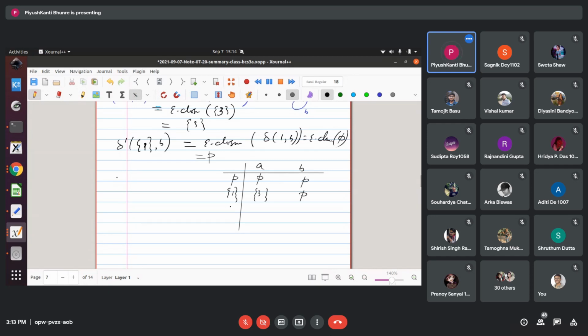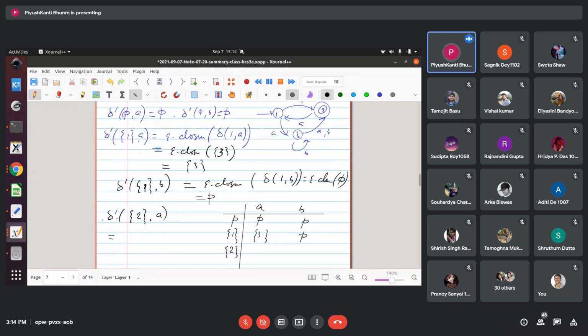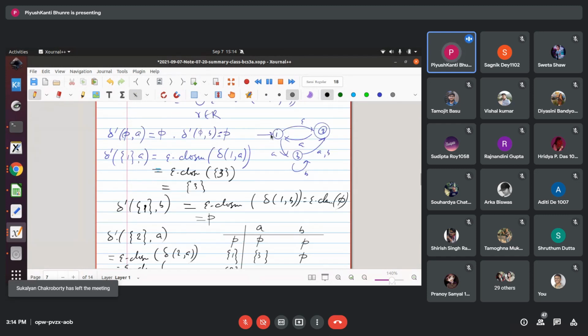I am in state 2, what will be here and here? So you compute. I am showing this. Next time I will not show everything, you have to do it yourself. So from 2 on receiving A, it can go to 1.